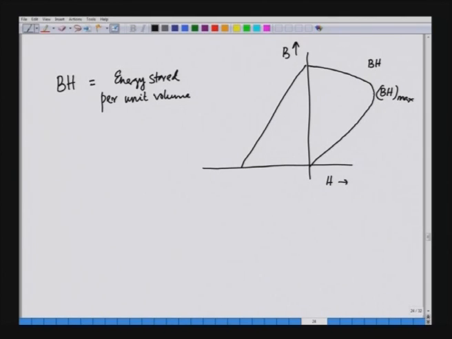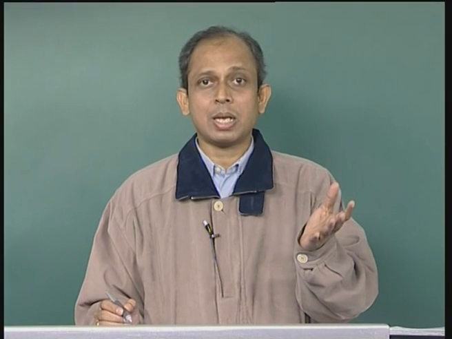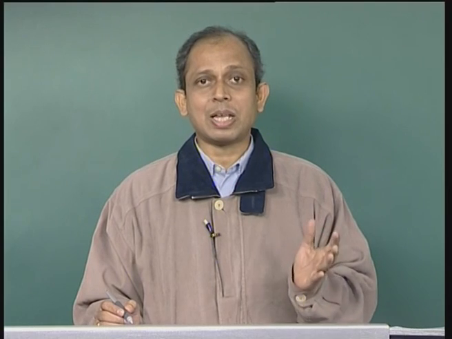It means the objective is to operate the motor at this operating point. The operating point will be chosen so that the BH product is maximum, and that is why we need a very high Br and a very high Sc also.